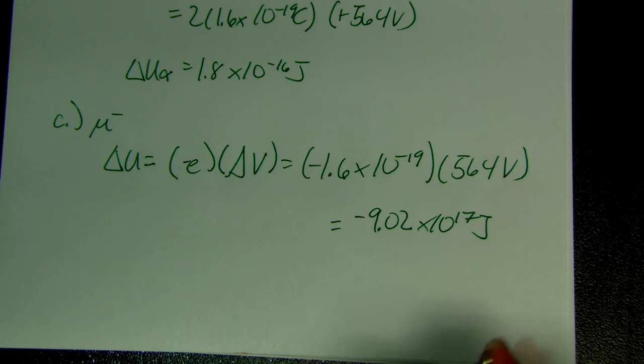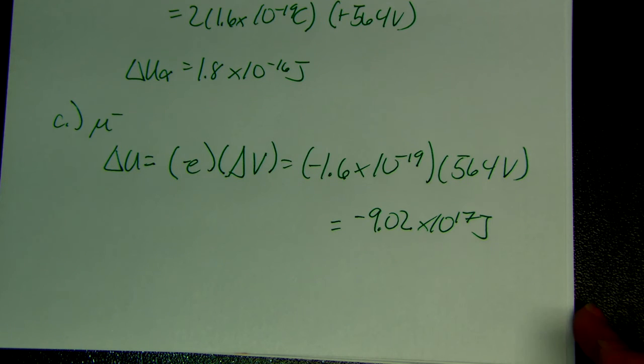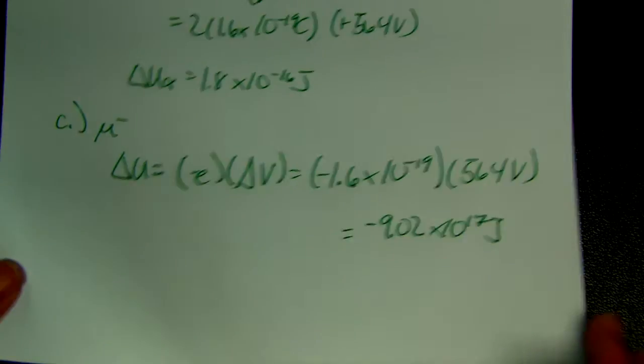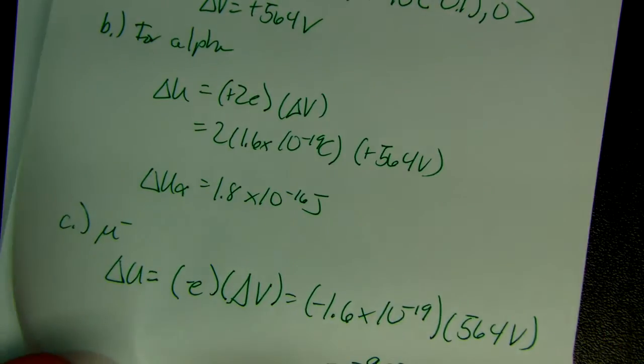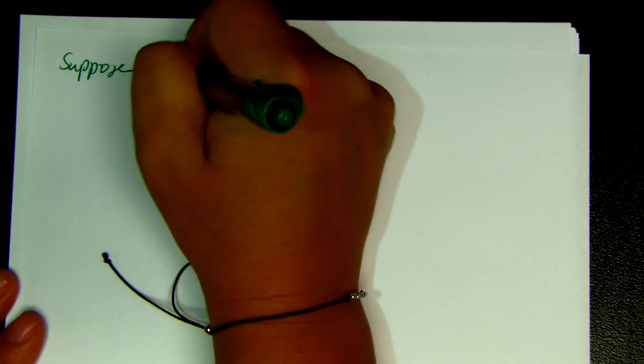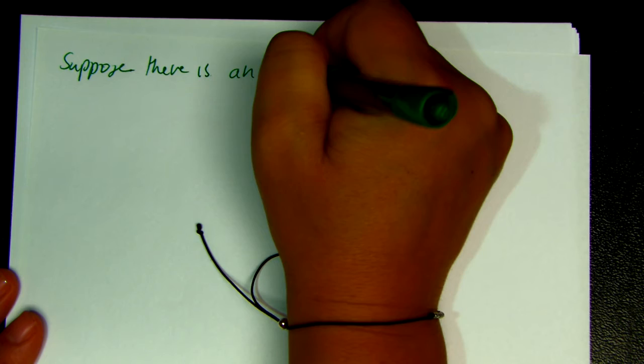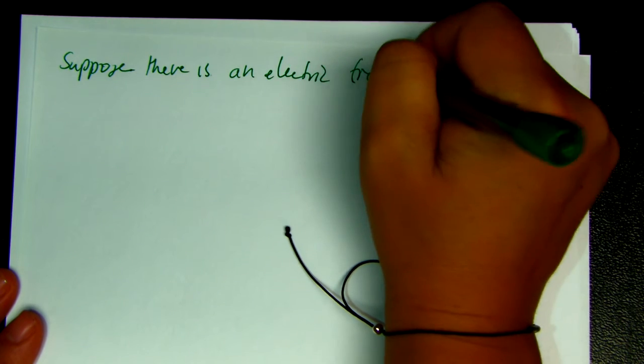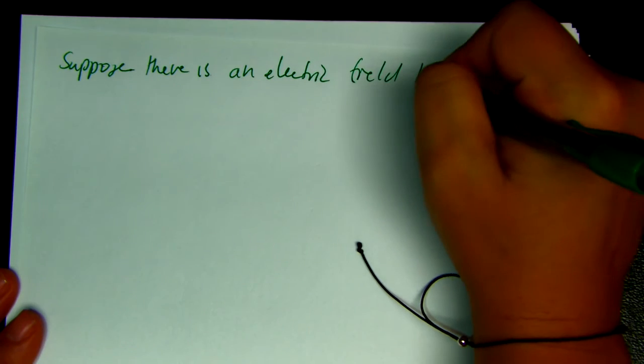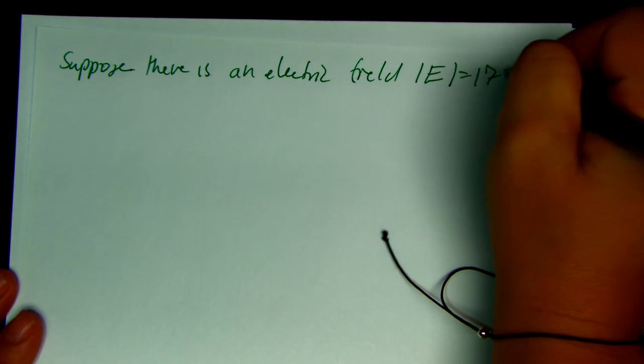All right. So let's do some more examples. Suppose there is an electric field equal to 175 newtons per coulomb.